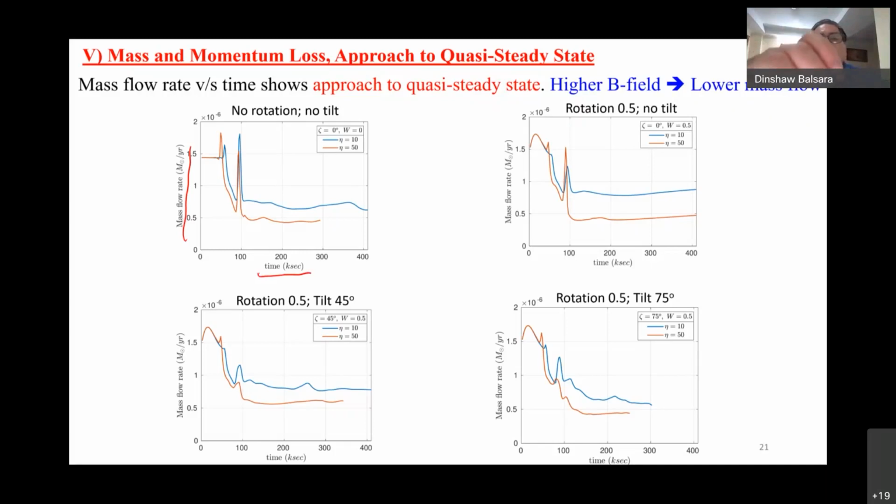Here on the left top panel, we've done it for no rotation and no tilt. The eta equal to 10 case is a smaller magnetic field, and the eta equal to 50 case represents a larger magnetic field. You see something very interesting: the stable eventual mass loss in a magnetized star with a smaller magnetic field is higher than the stable eventual mass loss in a magnetized star with a higher magnetic field.